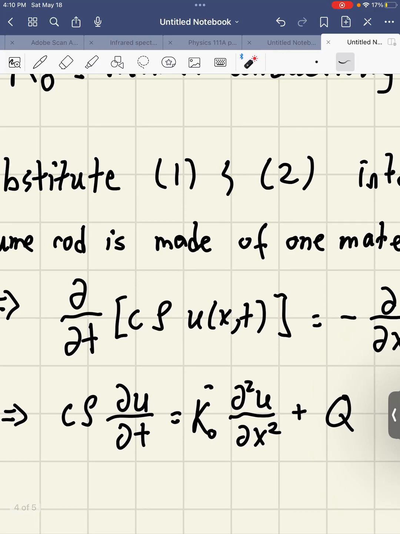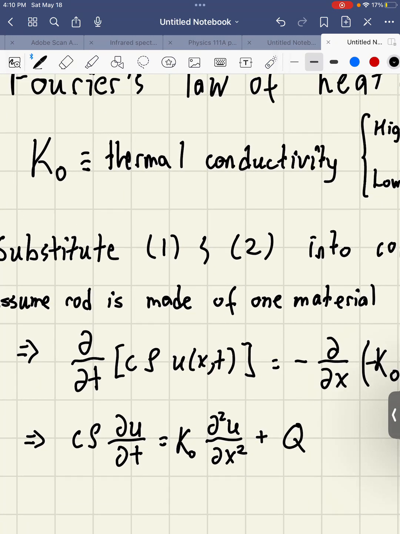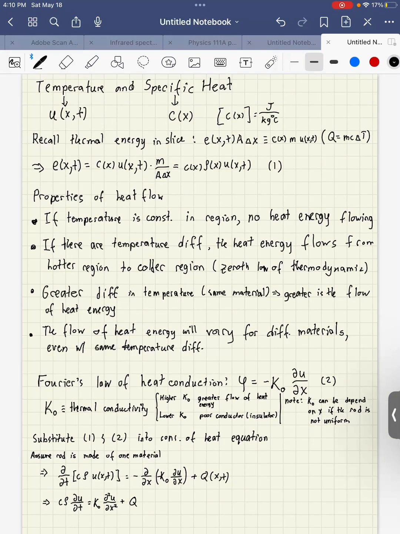Now this differential equation is much easier than the other one because I only have one unknown function that I need to solve.